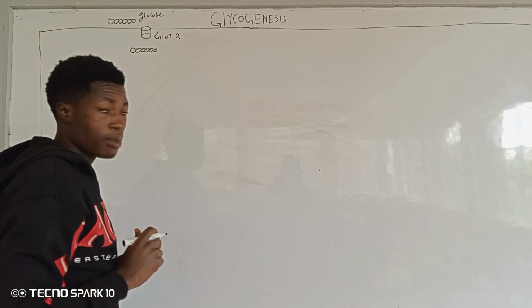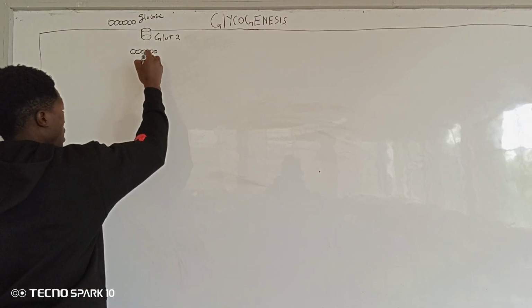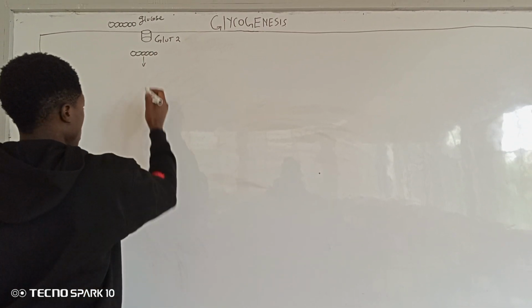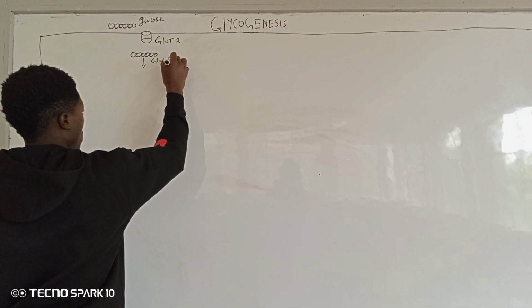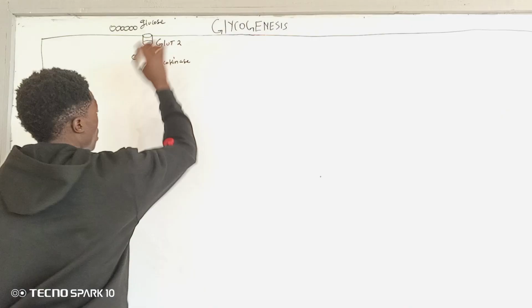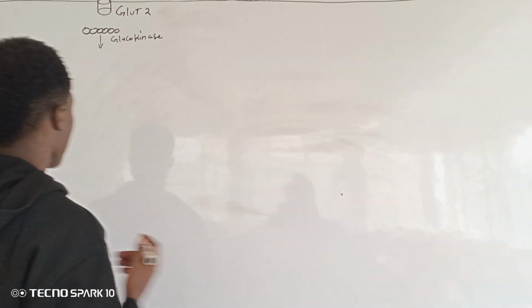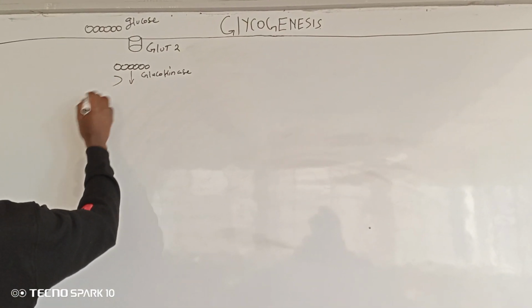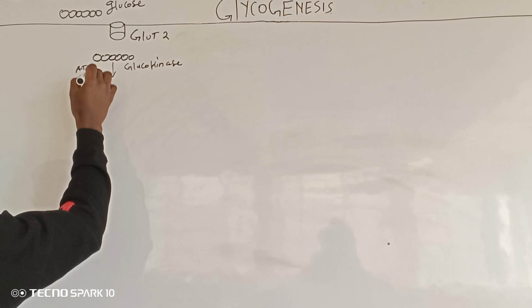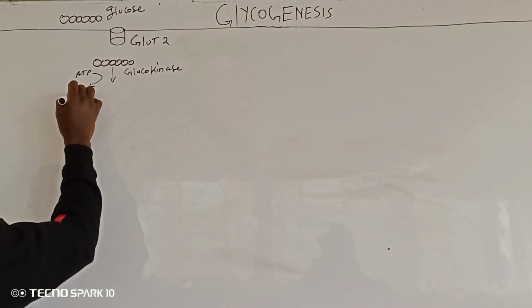It's going to be acted upon by an enzyme. What is the name of this enzyme? This enzyme is called glucokinase. It is a kinase, which means it's going to phosphorylate; it's going to add a phosphate group. Where are we going to get that phosphate group from? We're going to get it from ATP, which is going to be converted to ADP.